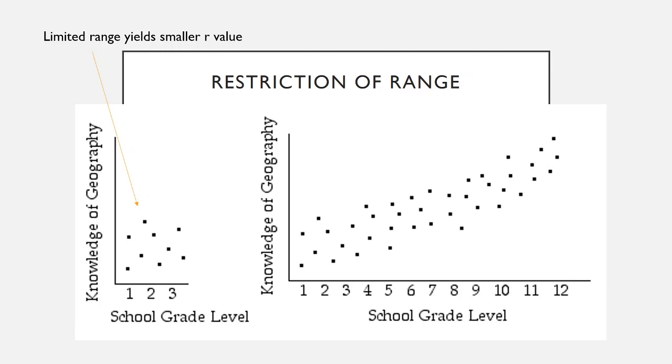If you were to have the full range and diversity that exists on this grade level variable, you then see a much clearer picture emerge of that correlation. You can see that there is in fact a strong positive correlation. It's just that by truncating this variable to be insufficient to capture that range, you do not get an accurate picture of just how strongly those variables are correlated.